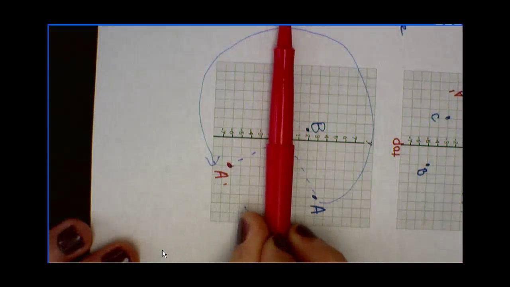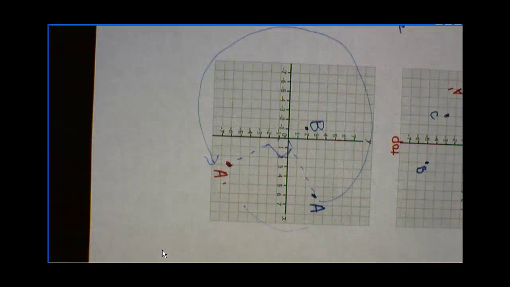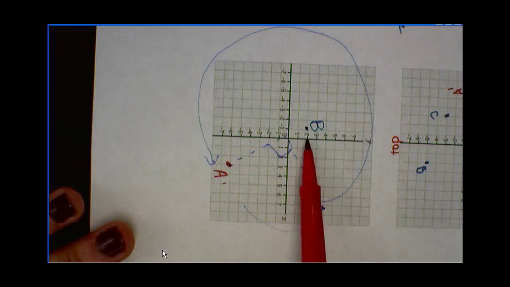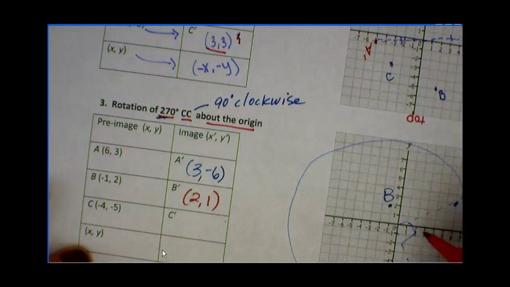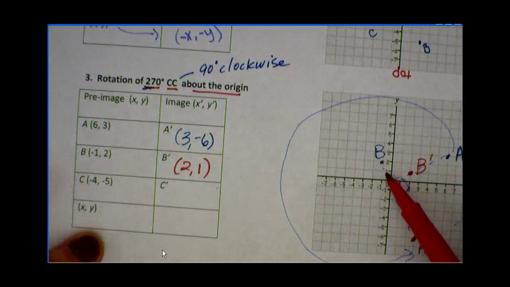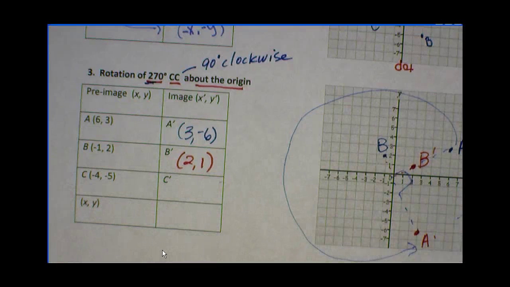This is my y-axis, this is my x-axis now, just how you're looking at it. It's like that top of the page, like Ms. Hochgraby did before. So my new coordinates are going to be 2, 1. Right 2, up 1. So 2, 1, and I'm going to plot that point. There's my B prime. And notice if I connect them, there's my 90 degrees clockwise or 270 degrees counterclockwise.